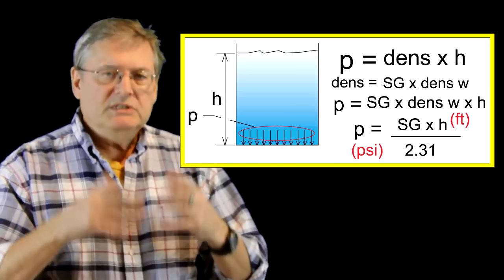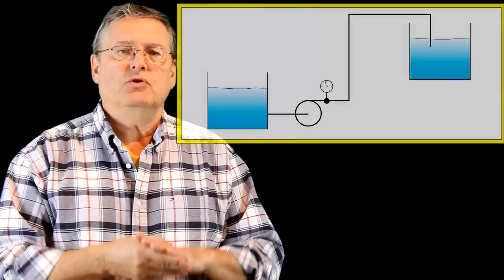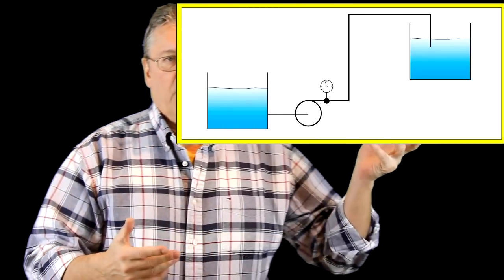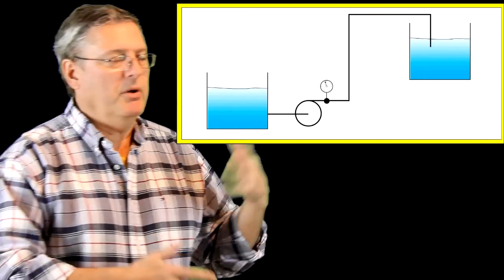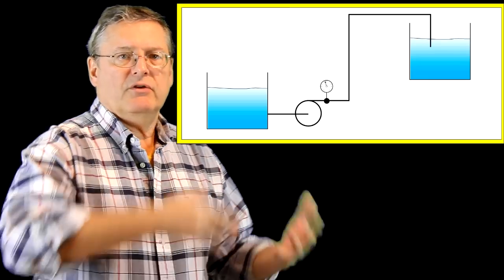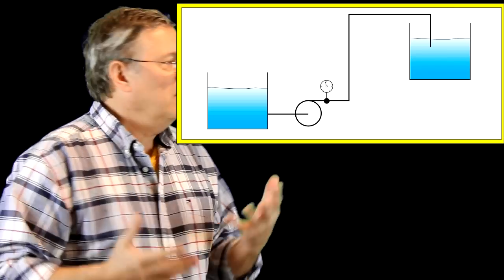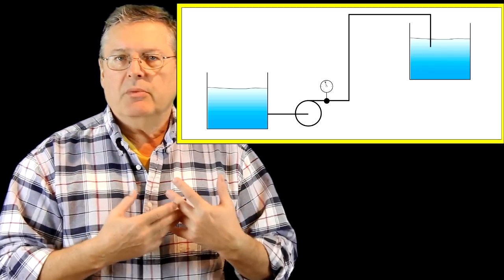So we're going to see that now. Let's apply this equation that we've developed for pressure and head to a pump system. Say we have a tank with a pump pumping to somewhere, usually in another tank at a different height, and we want to test this pump and at least find out something about it.